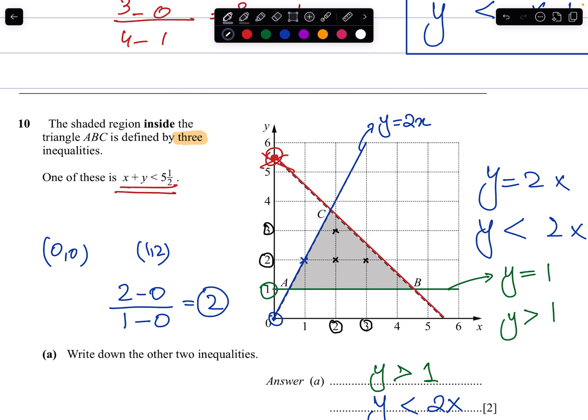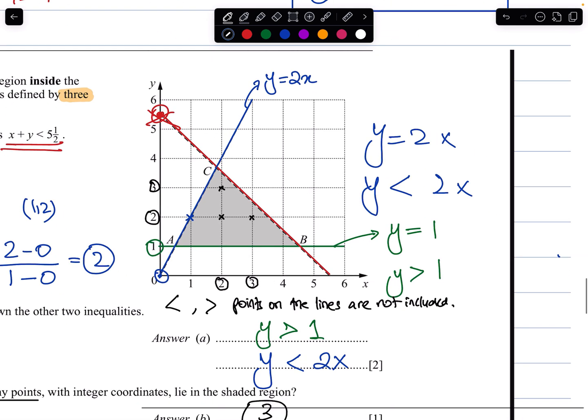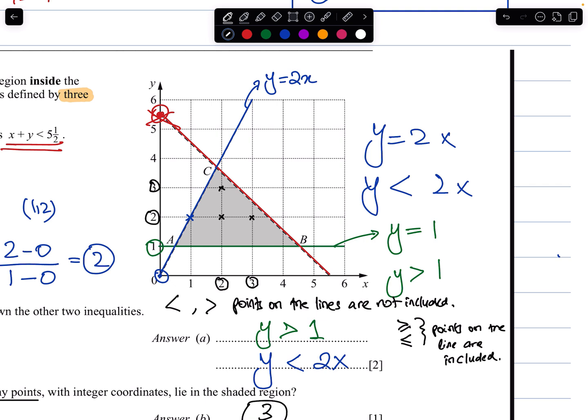If it is just less than or just greater than, then points on the lines are not included. And if it was greater than or equal to or less than or equal to, then in that case points on the line are included. Very very important.